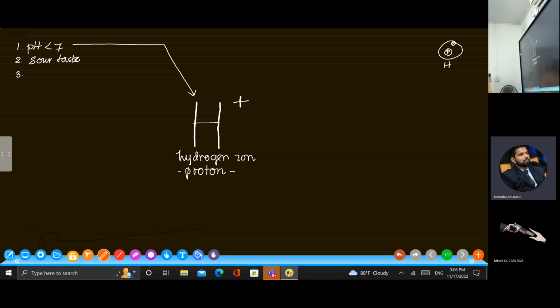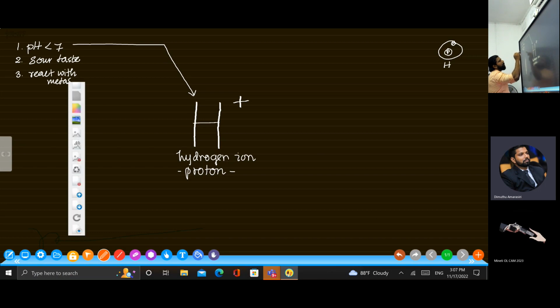These are acids. Come on. Okay, so you can say they react with metals, bases, carbonates. And with metals, they give hydrogen.